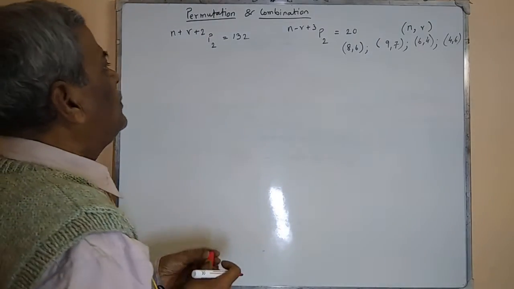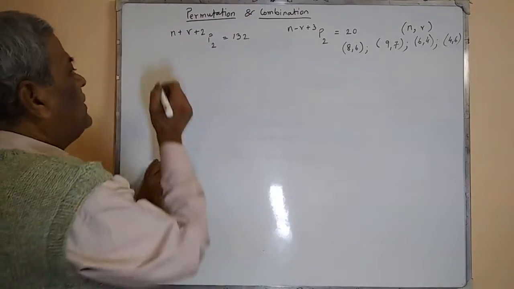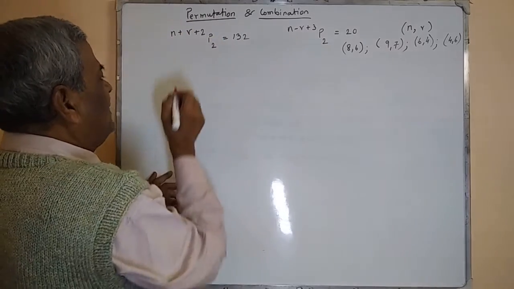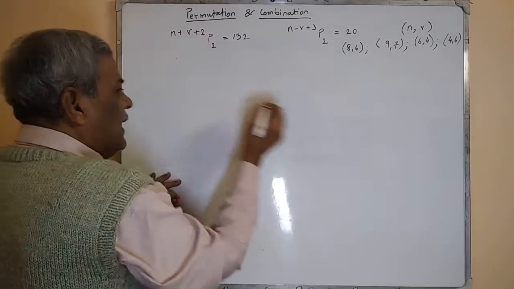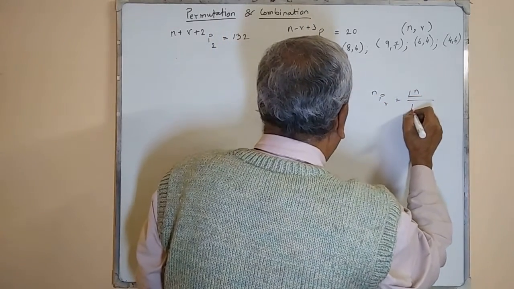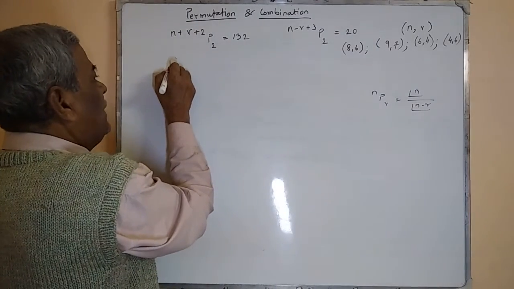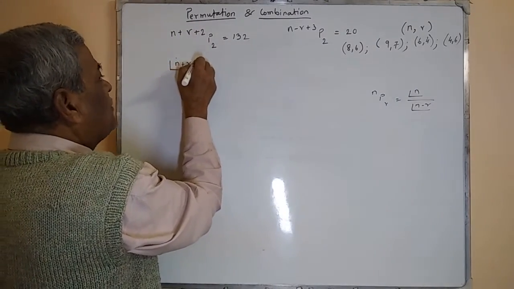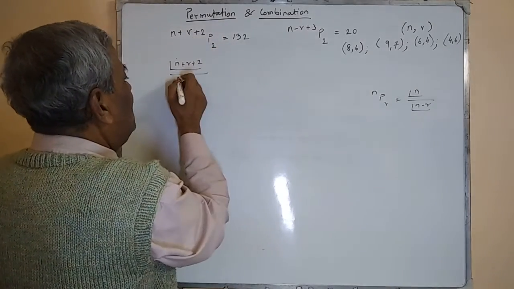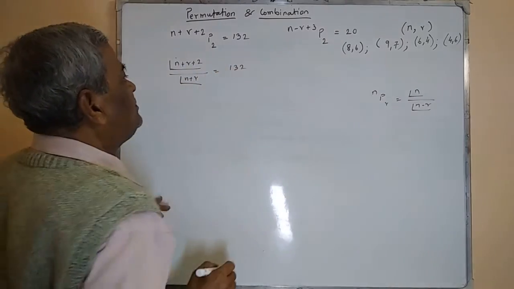By using the formula, n and r are unknown. Given that 132 is equal to that, this is of the type nPr. Once again I am telling you, nPr is factorial n by factorial of n minus r. So this is equal to factorial of n plus r plus 2 by factorial of n plus r, which is equal to 132.